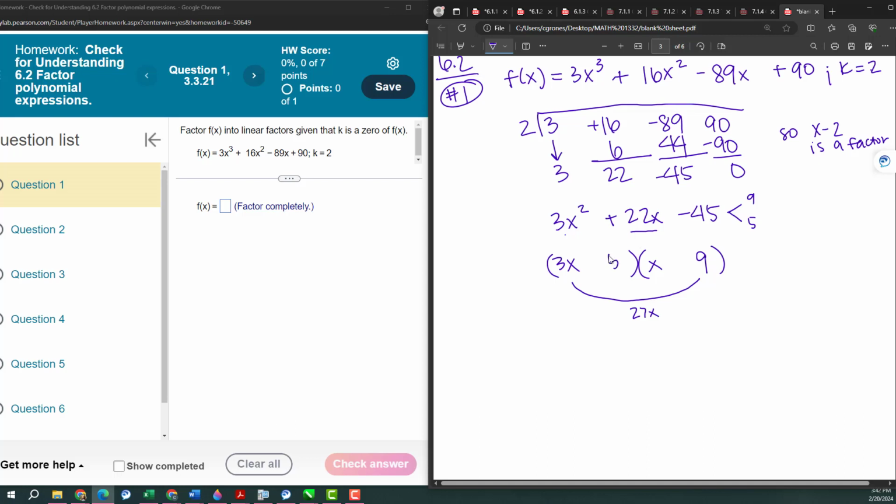And so if I put 5 over here, 5x, this would have to be negative and this would be positive, because minus 5x gives us our 22x. So that is what our answer is. So I've got 3x minus 5, and then I've got x plus 9, and then also don't forget x minus 2.